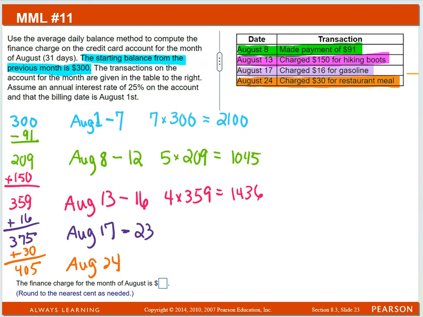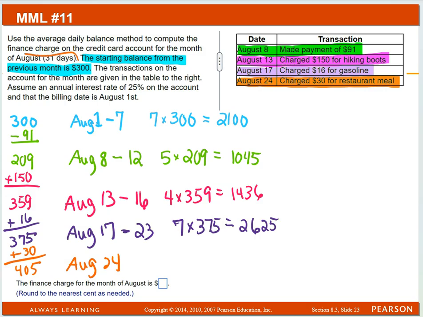That's 7 days, right? There are 7 days where the balance is $375. So that ends up being $2,625.